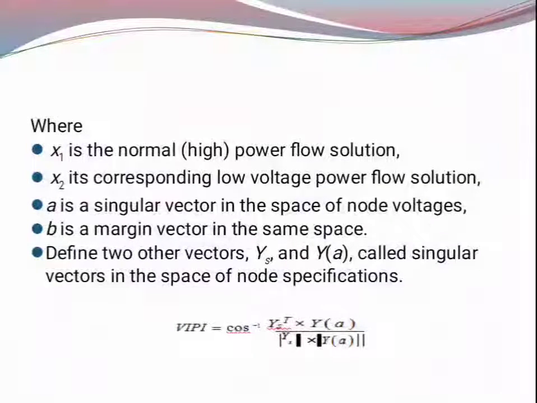So here we are defining two other vectors, that is ys and ya. Ya is called the singular vector in the space of node specification. Vector ys consists of bus injections computed with respect to x1. Ya consists of the bus injections with respect to vector A.